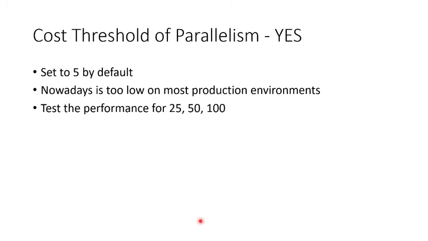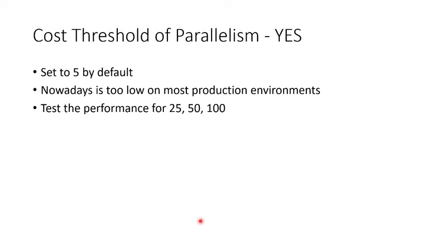So this is another setting, and I will show you both of them in a moment, how to configure them, because the max DOP, so max degree of parallelism, is also tightly connected to cost threshold of parallelism, which means that SQL Server has some internal threshold, and it says that, okay, if a query is cheap enough, so you can say cheap means in that case simple enough, so maybe it's not worth running it in parallel.